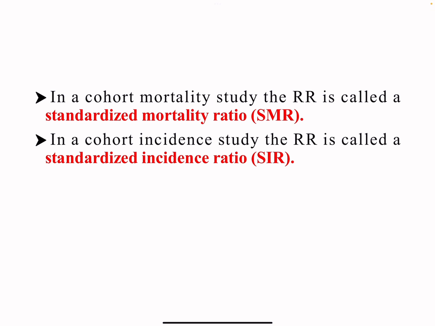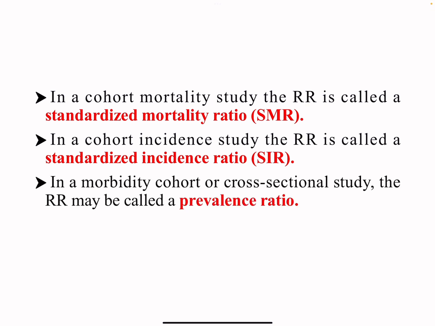So if you are asked to calculate the standardized incidence ratio, you should understand that this is the relative risk. Also in morbidity cohort or cross-sectional studies, it is called the prevalence ratio. So if you are asked to calculate prevalence ratio, you should understand that this is the relative risk.